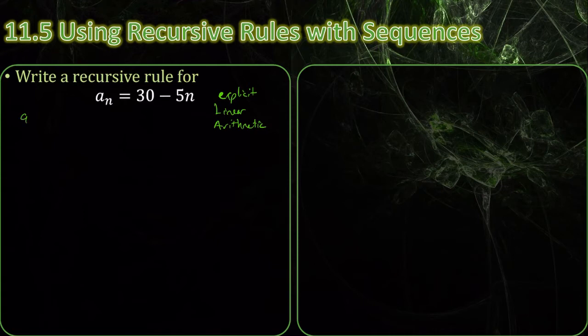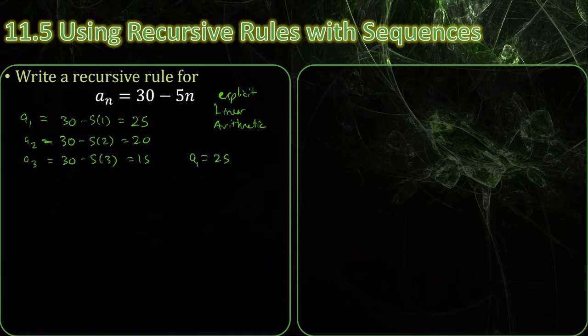Let's come up with the first couple of terms. a1 is 30 minus 5 times 1, or 25. a2 is 30 minus 5 times 2, or 20. a3 is 30 minus 5 times 3, or 15. So it appears that a1 is 25, and d is -5, or going down by 5.